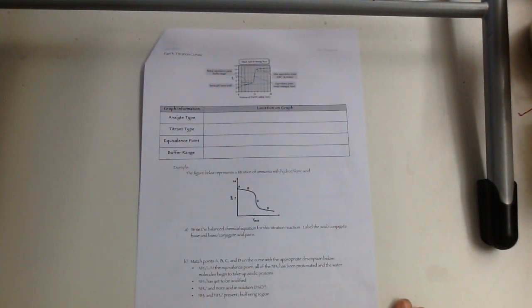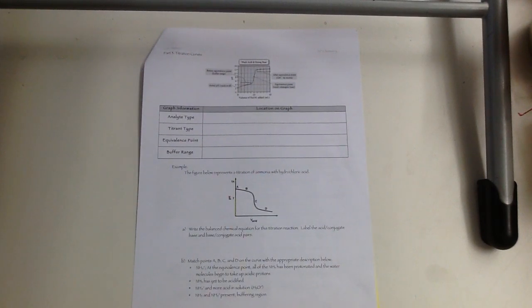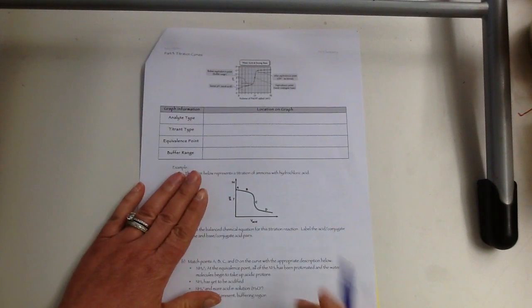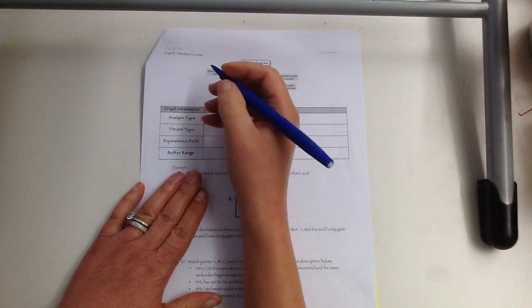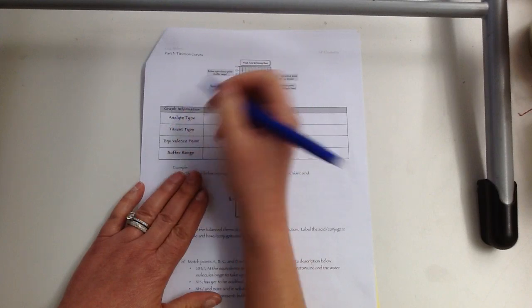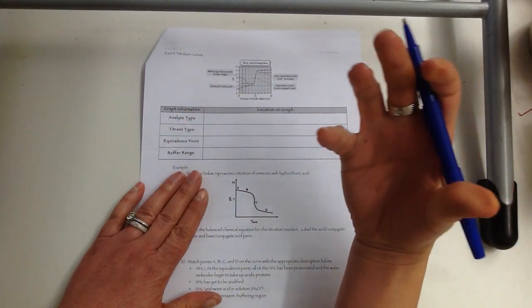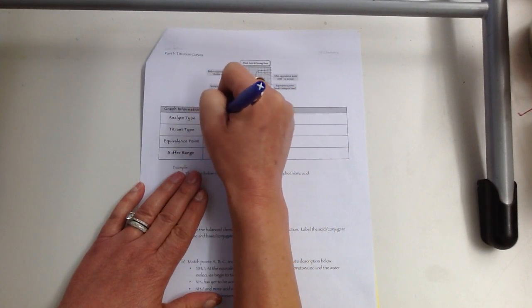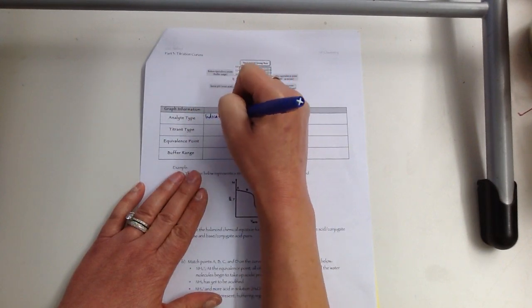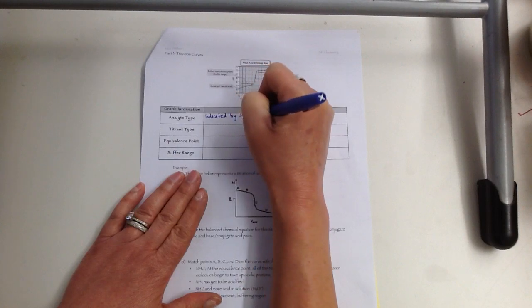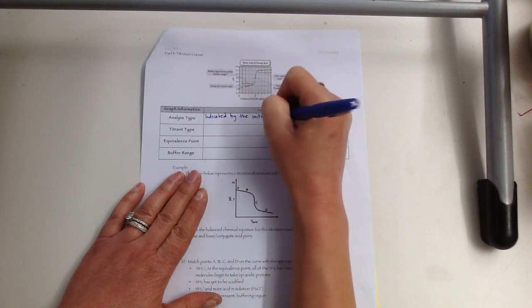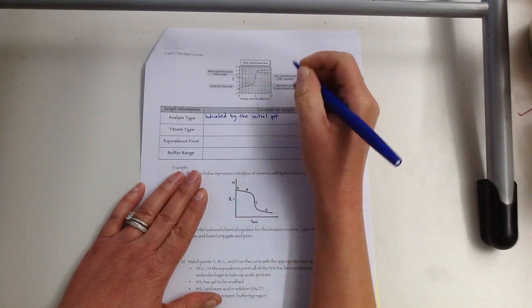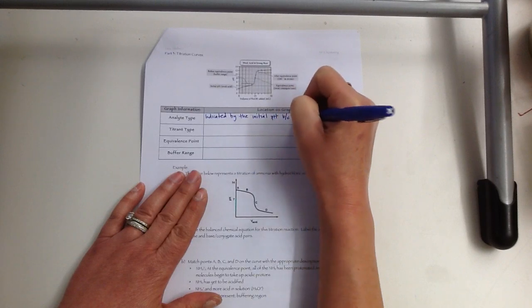Part 3, titration curves. And you guys are going to be making titration curves of your data from the lab. So let me tell you a couple quick things about the titration curves. Firstly, the analyte type, basically it's saying, is your analyte an acid or a base? Okay, this is going to be indicated by the initial pH, because there's no titrant added yet.